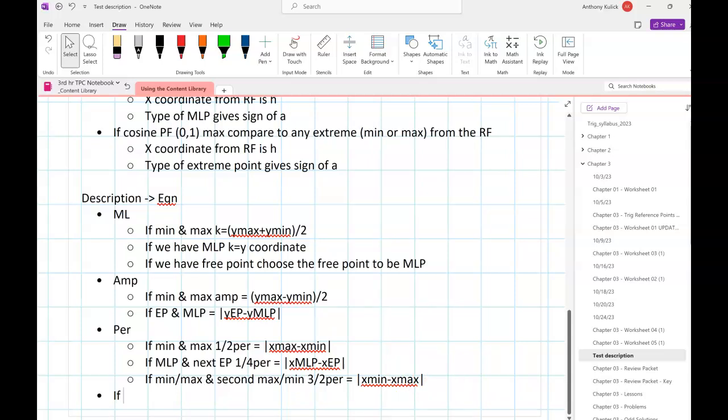And then if we have a midline point or free point, H is the x coordinate, right?